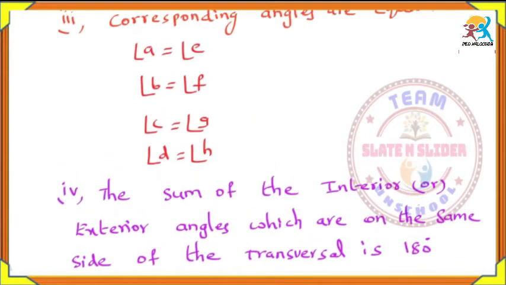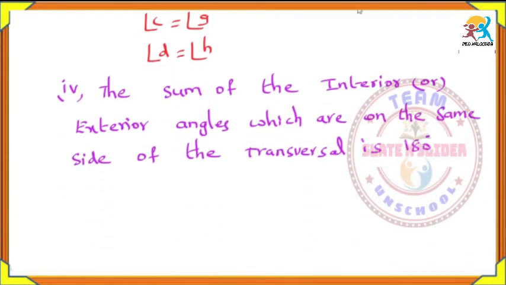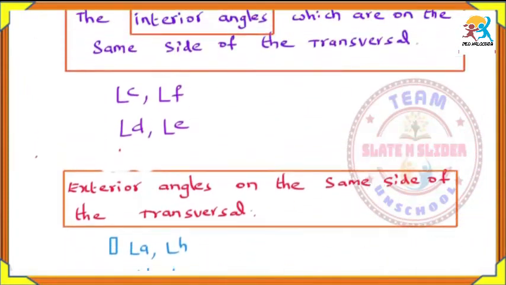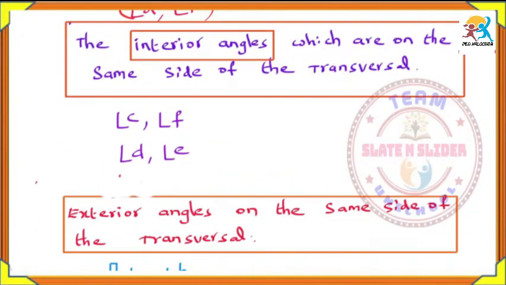You just remember that. The sum of the interior or exterior angles. So we should see the first figure. In that, the interior angles which are on the same side of the transversal, that we have written there.